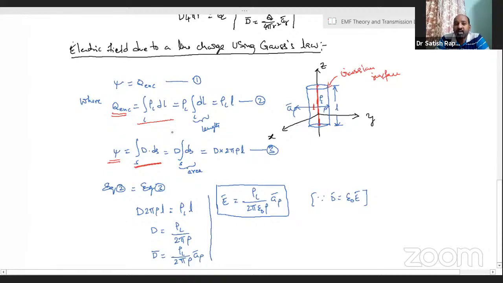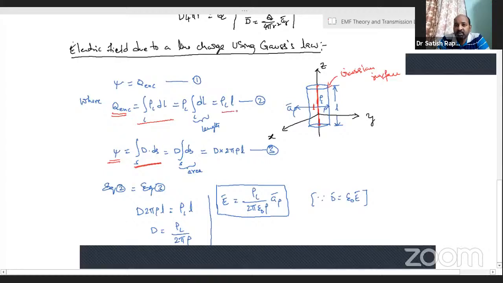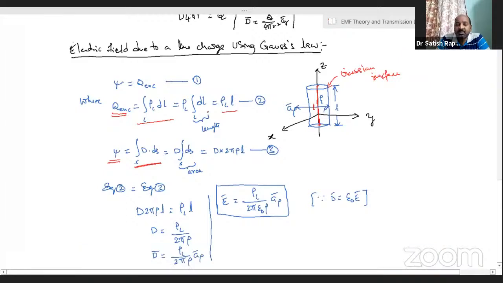So from Gauss law, Q enclosed for a line charge is the line integral of rho L dl, and for uniform charge, rho L can be taken outside. The line integral of dl is L, the length of the cylinder. So Q enclosed is rho L into L, and similarly, psi is equal to the surface integral D dot dS.